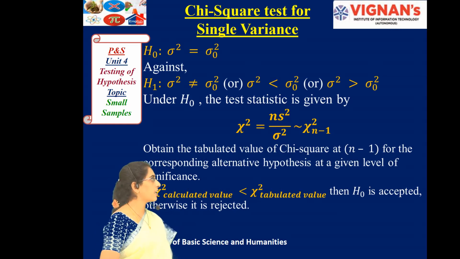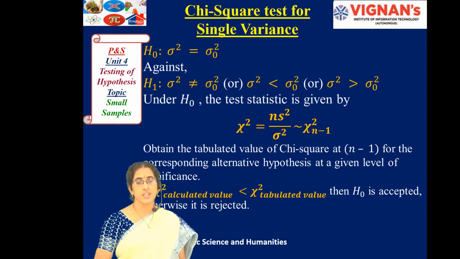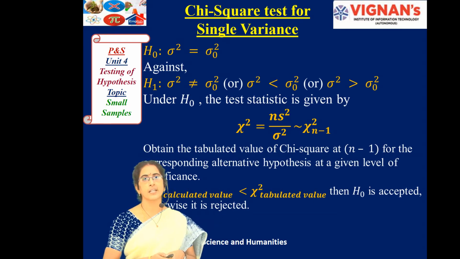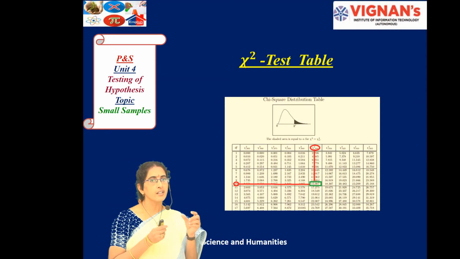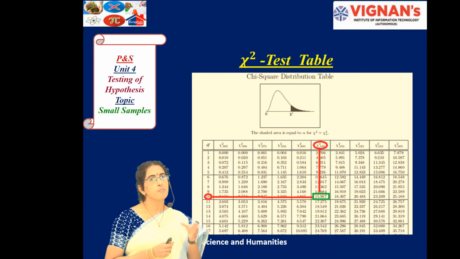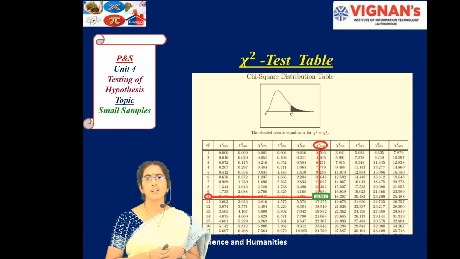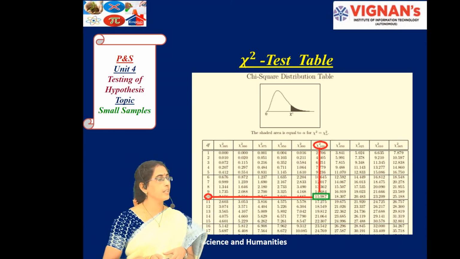Where can we apply this chi-square test? Just to test the significance of the measurements, because here we are dealing with quantitative data, meaning data which can be measured in any physical units. Whether the data is meeting the specific measurements or not, there we can use this chi-square test for single variance. Now let us see how to obtain the tabulated value.